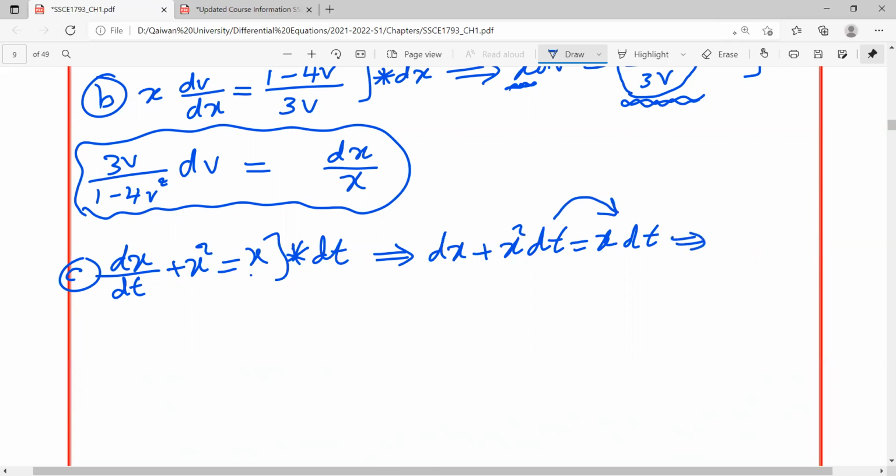We get dx equals x dt minus x squared dt. Let me write it down. We get dx on the left equals x dt, and moving x squared dt to the right becomes minus x squared dt.